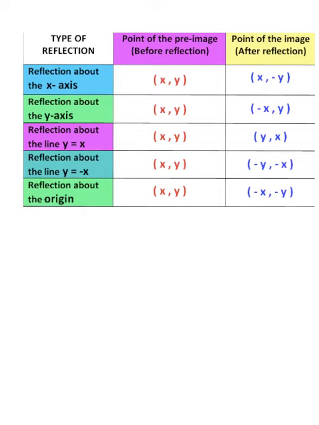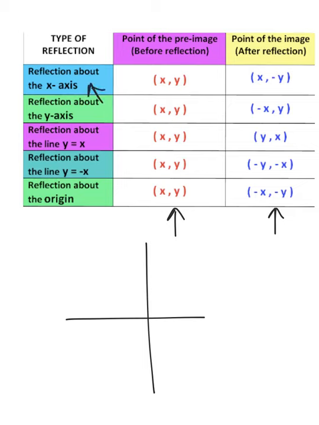Okay, so here is a great slide for you to stop the video after I finish explaining this real quick. Stop the video, jot down these rules of the coordinate before, and they all say x, y, because no matter where the point is, and then where it becomes when you reflect it in a different way. So over here on this left side, you see how these are the types of reflections.